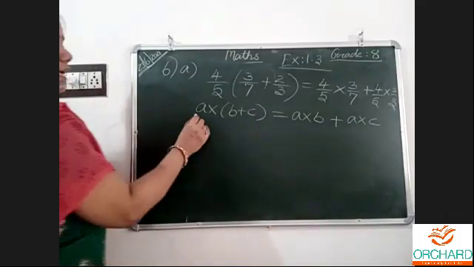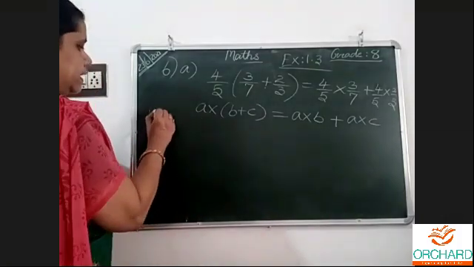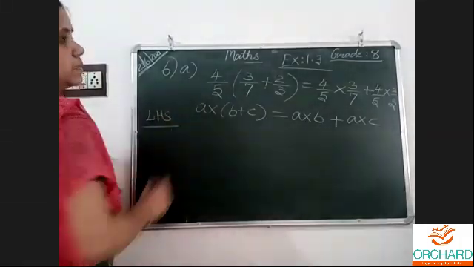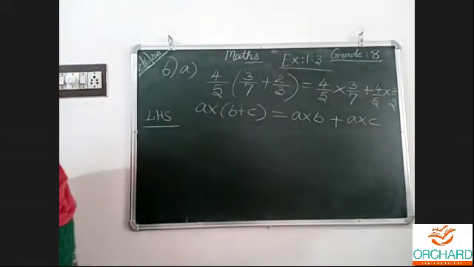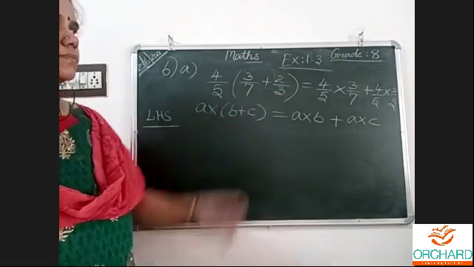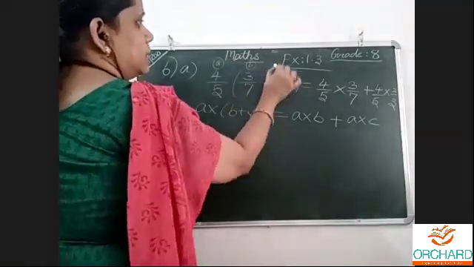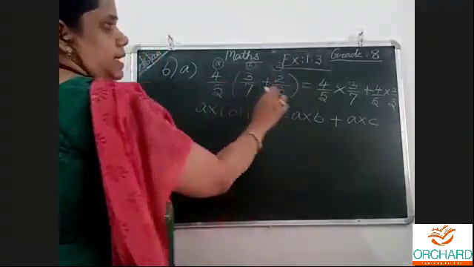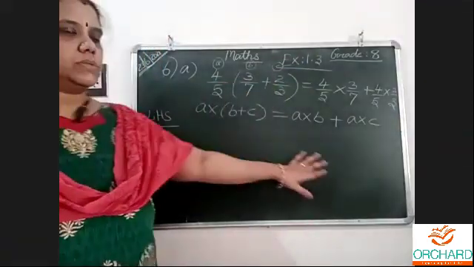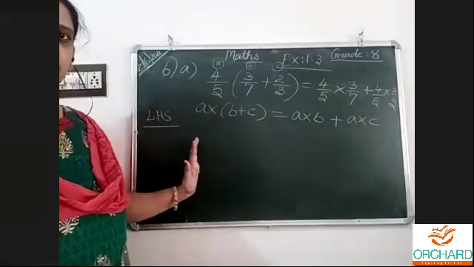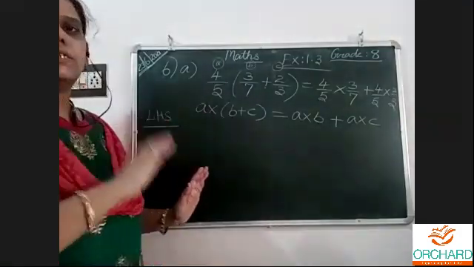Let us do the left side now. LHS. There are 3 numbers: this is 1, 2, 3. This is A, this is B, this is C. I will use both sides for the LHS, then we'll erase and do the RHS.